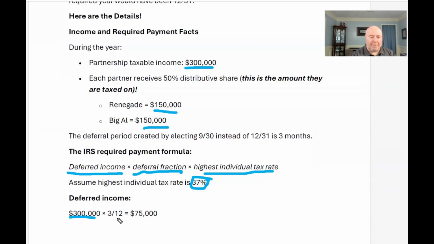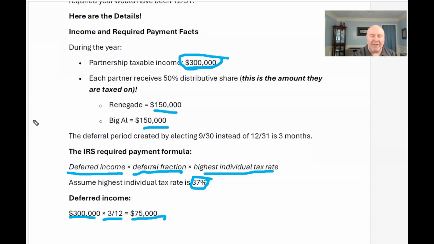The partnership tax year ended September 30th. Our partners aren't paying taxes on October, November, and December. So there's 3 months of deferral. So of that $300,000 that we have, our taxable income up here, we're multiplying it by 3/12, which equals $75,000.